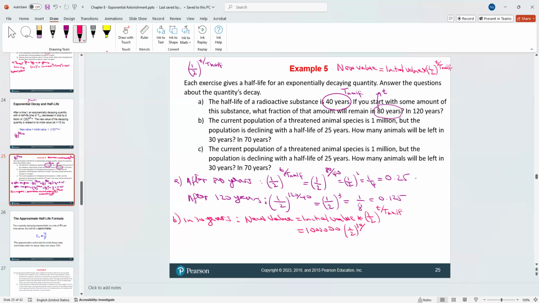So if we take it, it's declining at a half-life of, no, I think I made a mistake here. It was supposed to be 24. Let me fix it. 24 right there. Okay, so that would be 24.